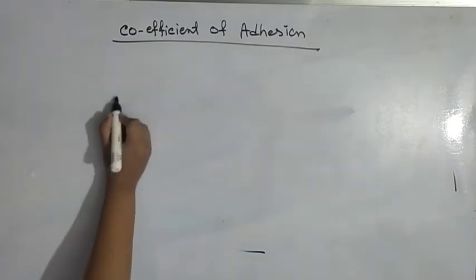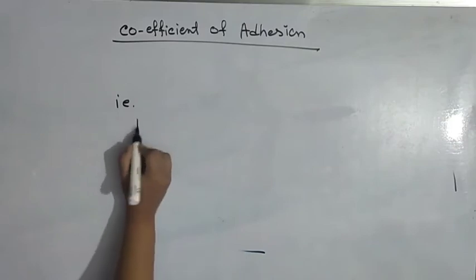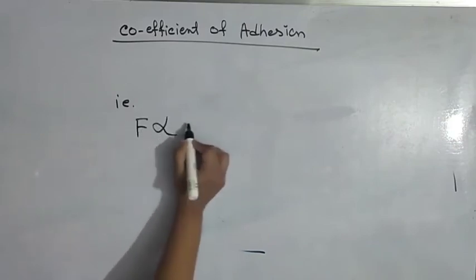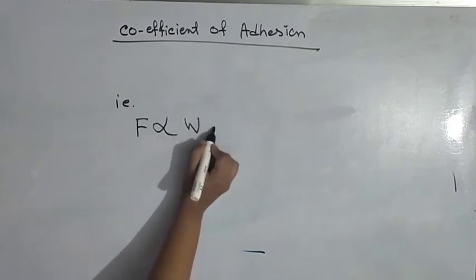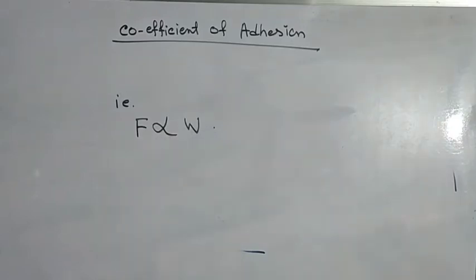That is, F is proportional to W. What is F? F is the tractive effort and W is the adhesion weight.